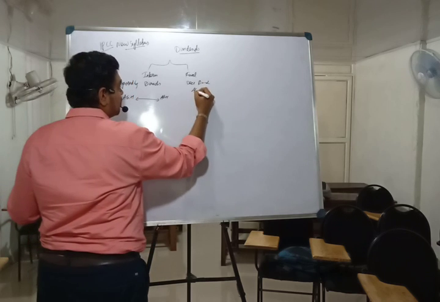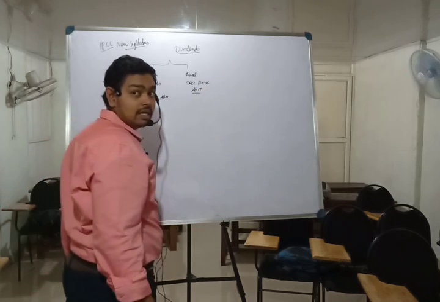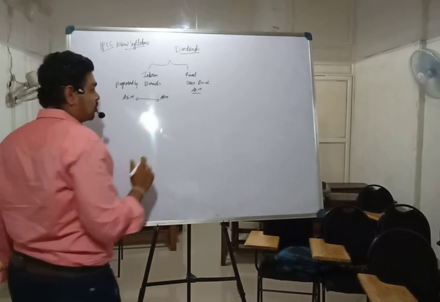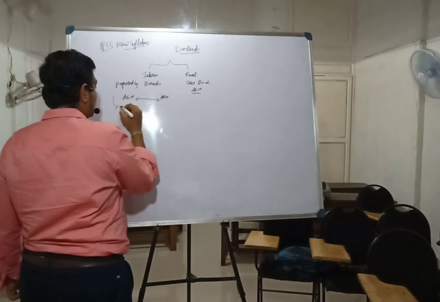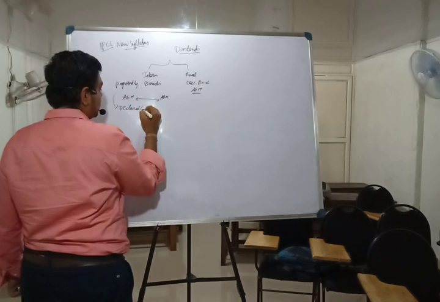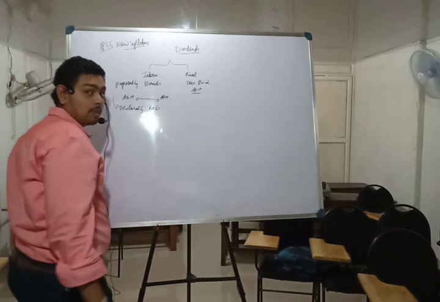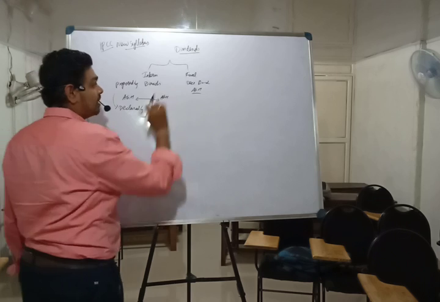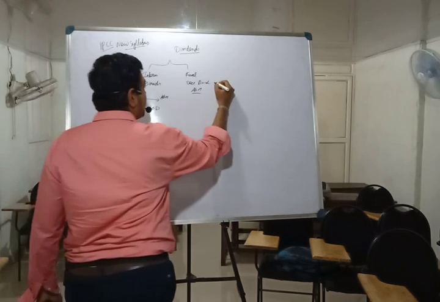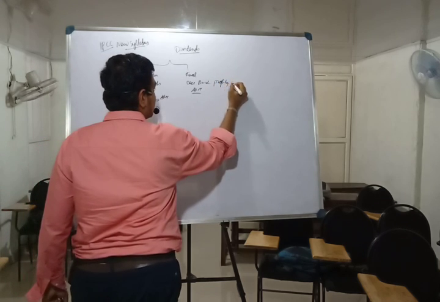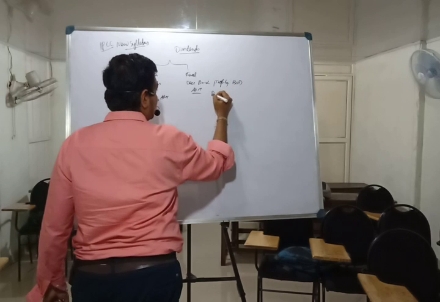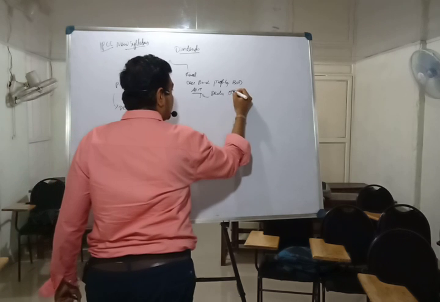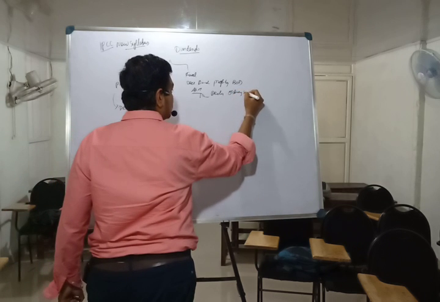So final dividend will be declared only in the AGM. Interim dividend will be proposed by the board of directors as well as declared by the board of directors. Final dividend will be proposed by the board of directors but declared only in the AGM by passing an ordinary resolution.